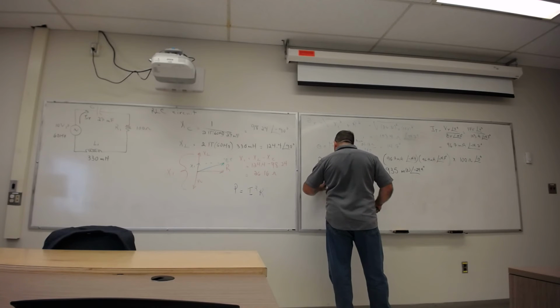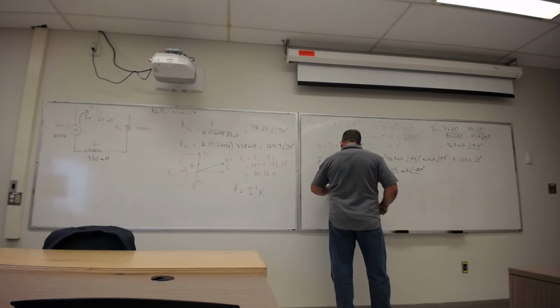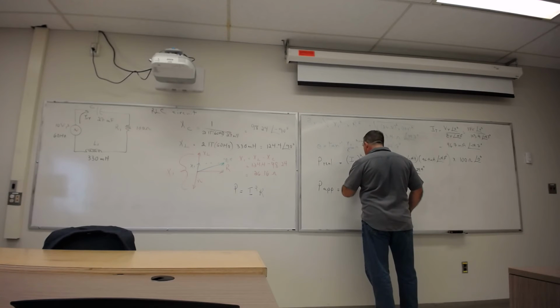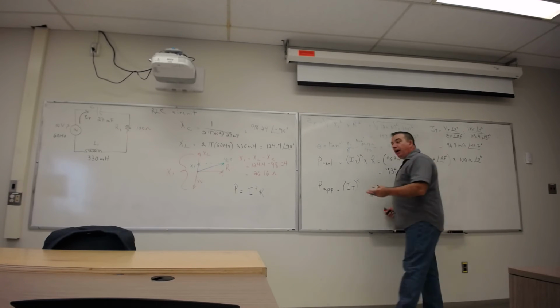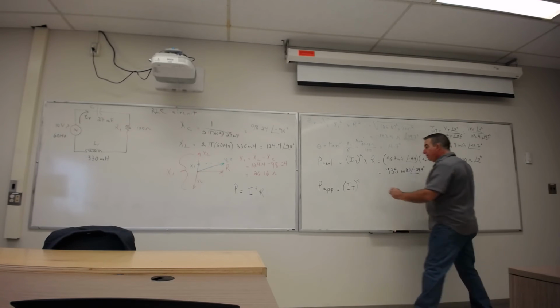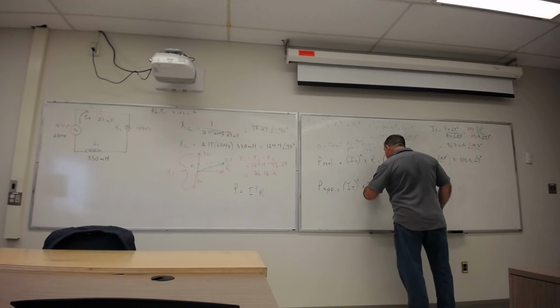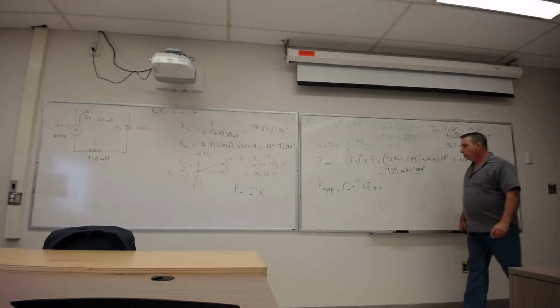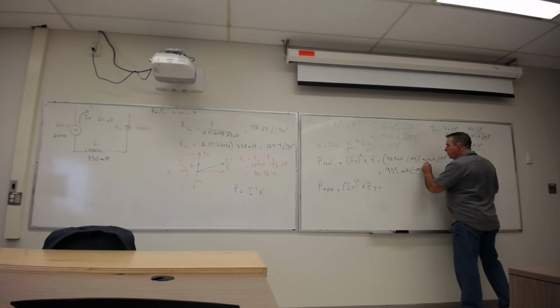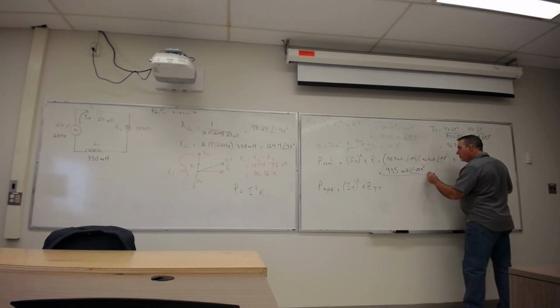Same idea. I'm going to take I_T. Apparent power is the power in VAs for the whole circuit, so I'm going to go times the voltage of the whole circuit, V_T. We box this answer for power.